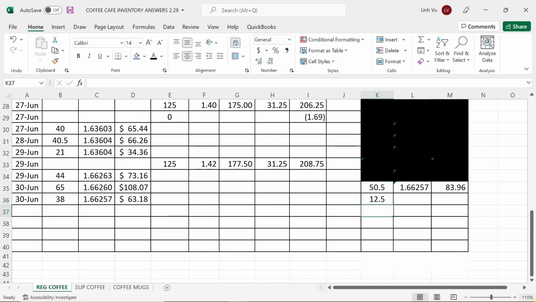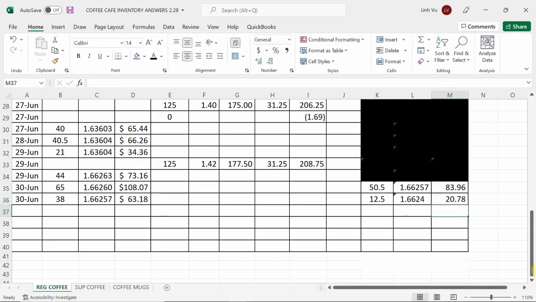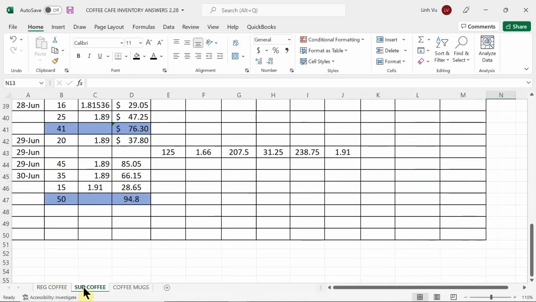I am left with 12.5 pounds of the regular coffee at a grand total cost of $20.78 left of my regular coffee. Okay, and I used $63.18 of the regular coffee.